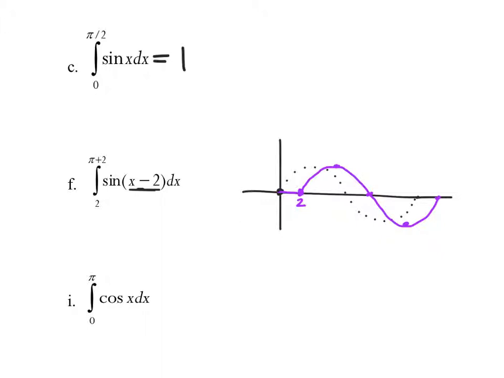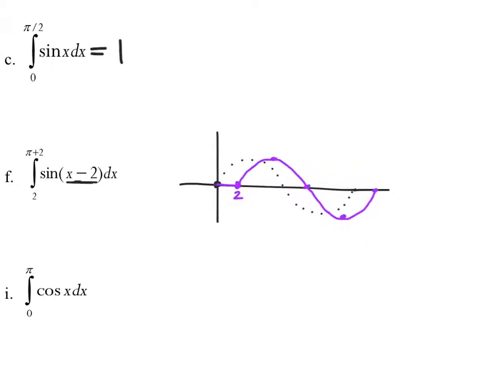All right, so what I get from this is that it's the same sine function, just shifted over. I'm looking for the area between 2 and this location, which would be pi plus 2. Sorry, 2, that's not pi plus 2.